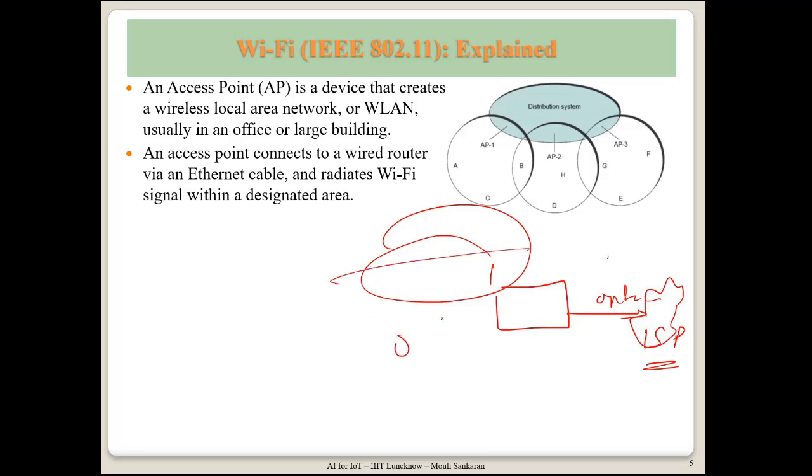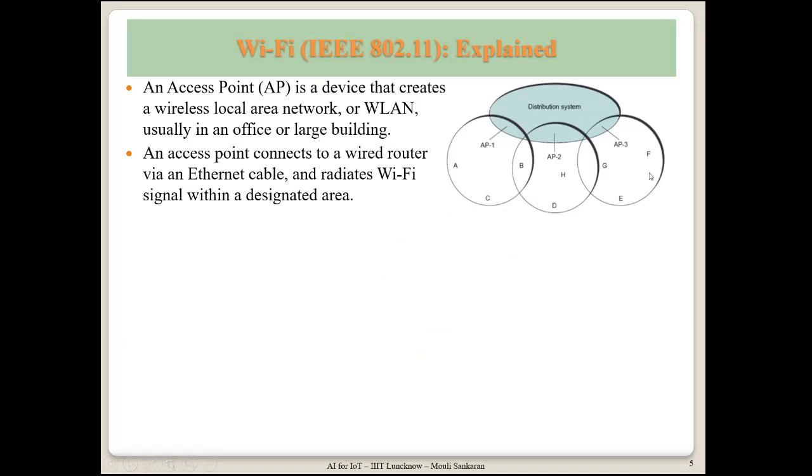One side is Wi-Fi, all the devices talk to it, and then they go through the ISP. Similarly, in a railway station, an airport, a college, or a huge campus, we have multiple access points, and they all connect to the backend network and then to the internet.